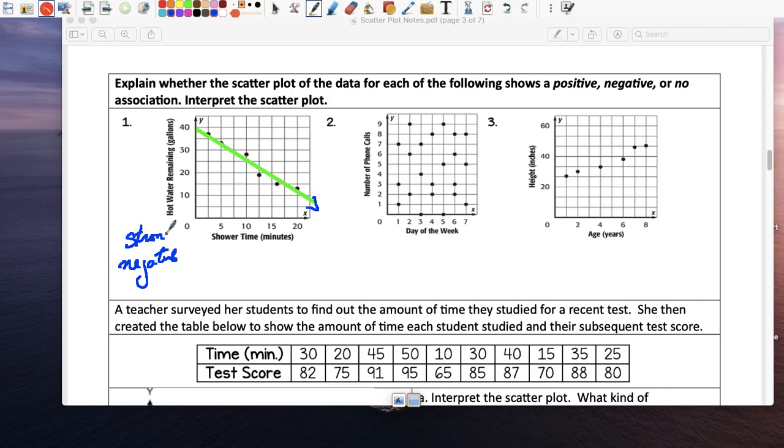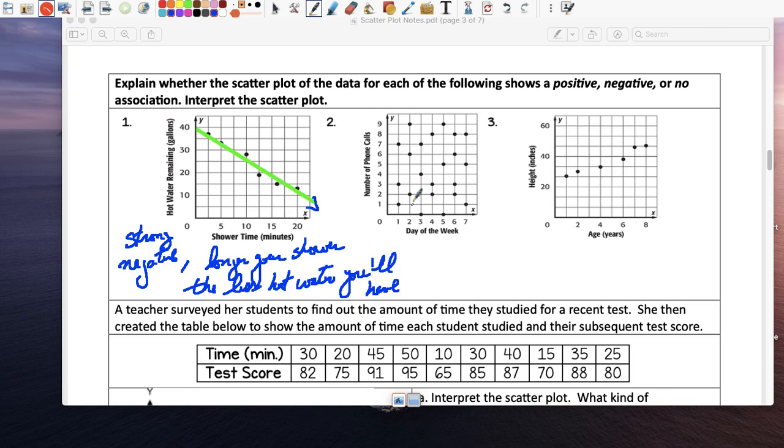Because all the points are tied together on the line. And interpret it: the longer your shower time, the less hot water you'll have. So notice that as one increases, the other one decreases.